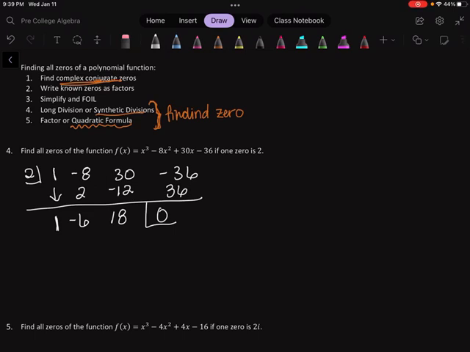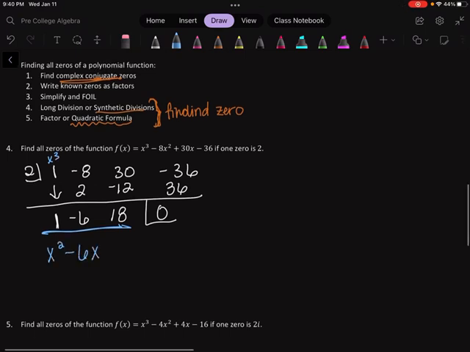So what would our leftover quadratic be? Because this was x to the 3rd, this would become x squared minus 6x plus 18. And we need to either factor that, but last time we were able to factor it. This time we're probably going to have to use the quadratic formula. Okay? So, A, B, and C. We know that x is equal to negative b plus or minus the square root of b squared minus 4AC, all over 2a.